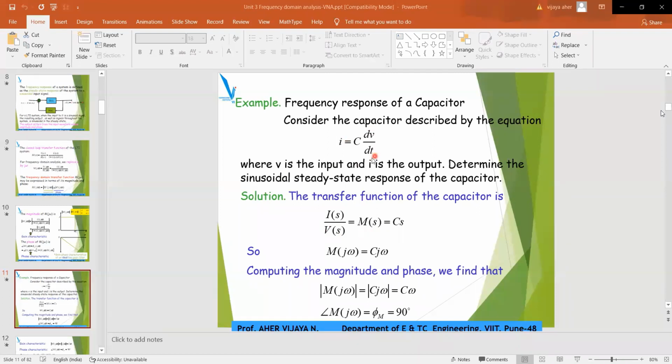Now take the Laplace transform of the term C dV/dt. C is a constant, so C stays as it is.